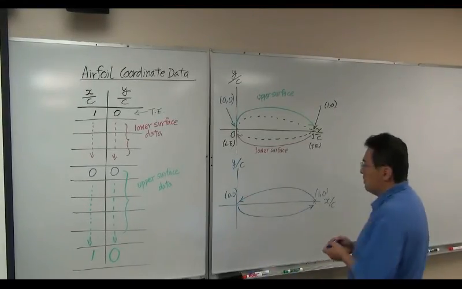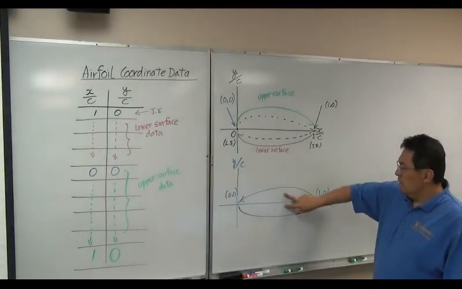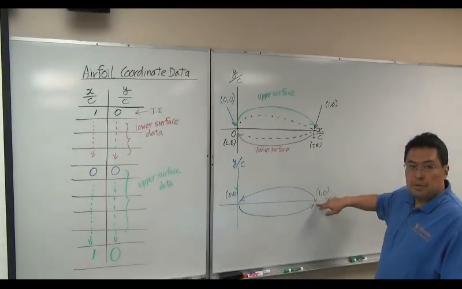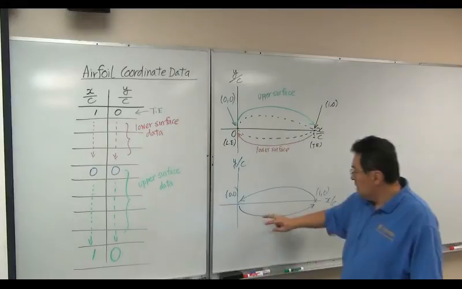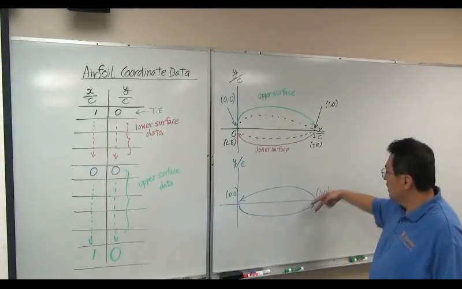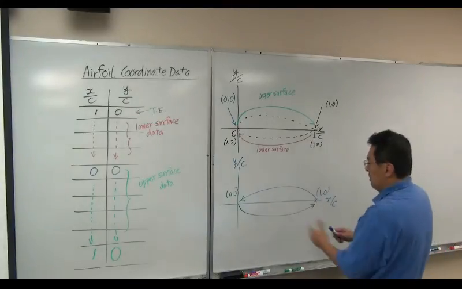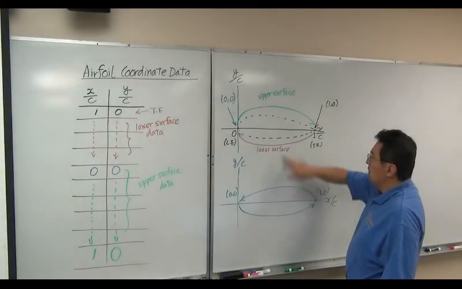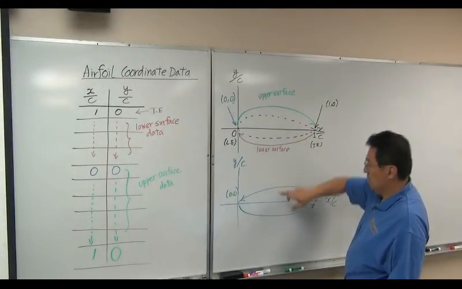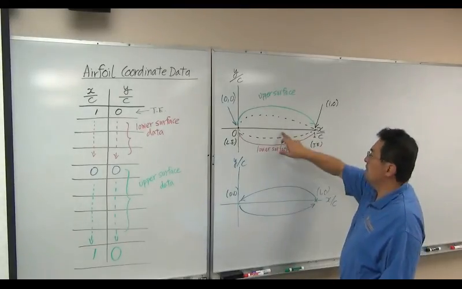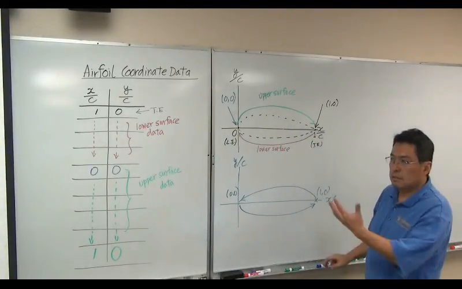That's the data structure. You have to reverse it. Starting from here, data need to flow from trailing edge to leading edge, then leading edge to trailing edge. So you have to arrange the data sets like this. Can we do such a thing? Yes, we can, using Excel.